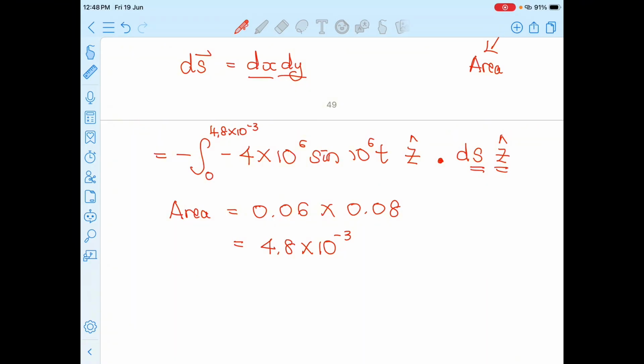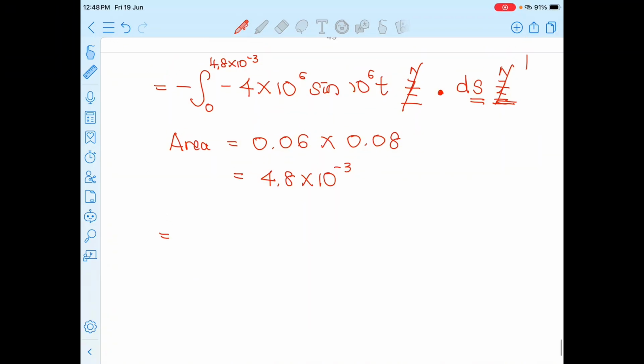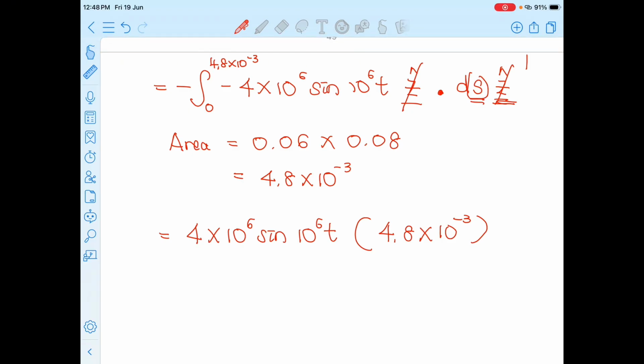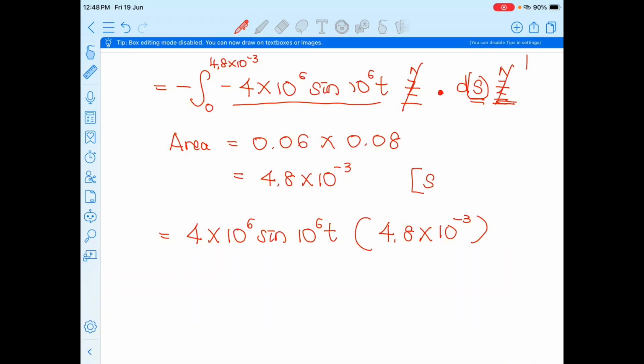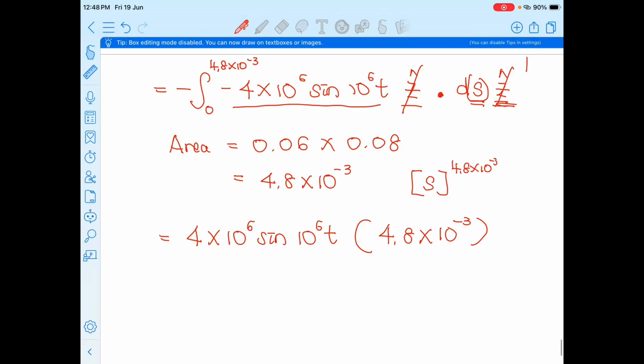For the z and z, you dot product two unit vectors in the same direction, so it will be equal to 1. So the answer will be 4 times 10 power 6 sine 10 power 6 t, multiplied with 4.8 times 10 power negative 3. When you perform the integration with respect to dS, there is no x here, so when you integrate you will have x, and you replace the value 4.8 times 10 power negative 3 and then 0.